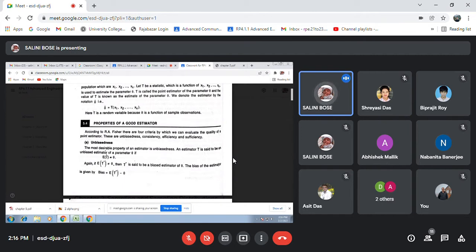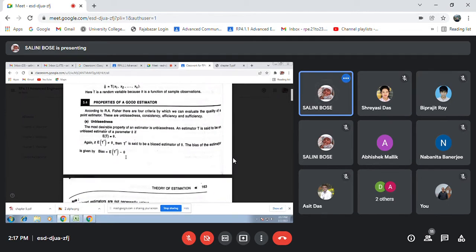If the expected value of the sample statistic is equal to the population parameter, then we call it unbiased. But if it does not equal the population parameter, then we take the statistic as T star and say T star is biased for theta. We always prefer unbiasedness of an estimator.